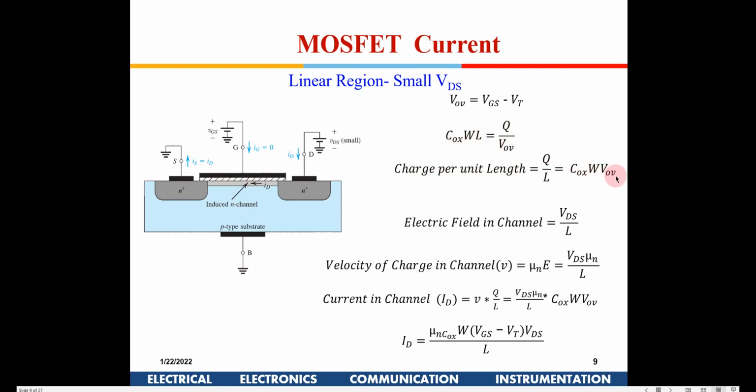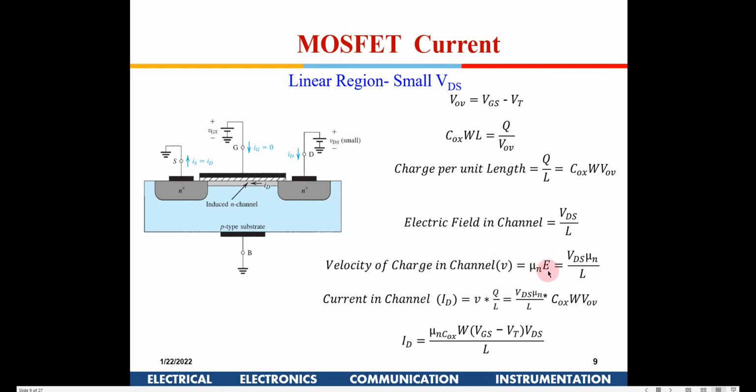Now, what is the electric field in the channel? W is the width and L is the length of the channel. The electric field is the voltage between the source and drain, VDS, per unit length, so I divide by L. Now the velocity of the charge in the channel is given by mu n E. Mu n is known as the mobility of the electrons.